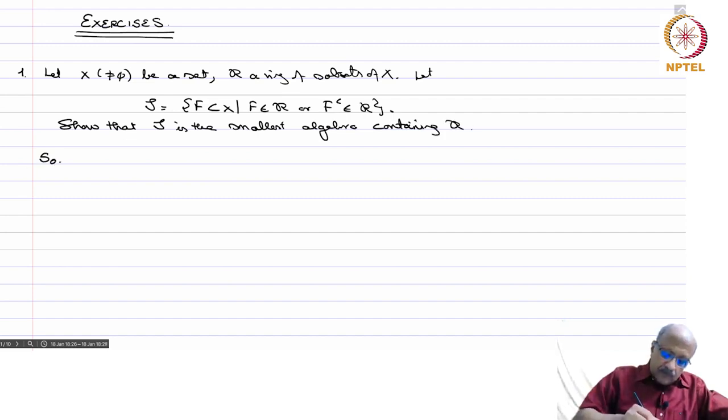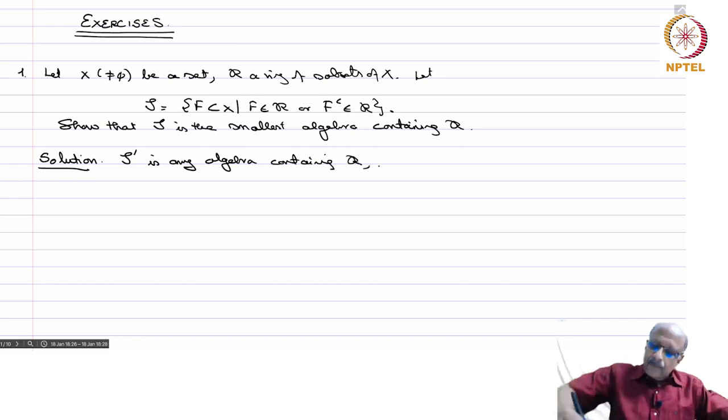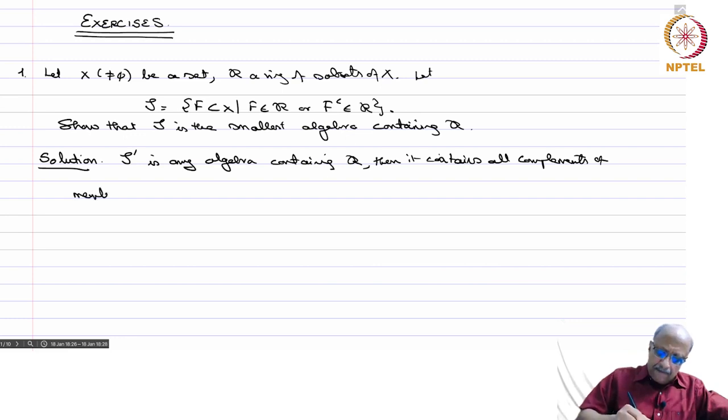So solution. If S dash is any algebra containing R, then it contains all complements of members of R as well.